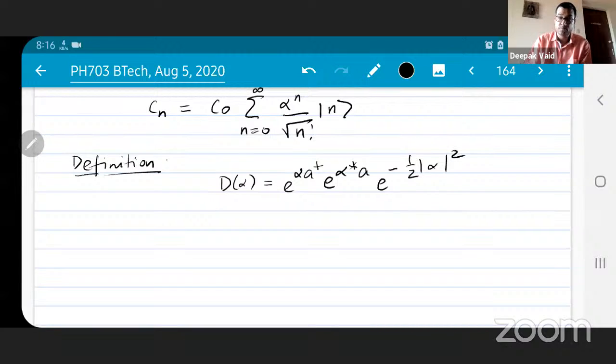And now, how exactly do you arrive at this definition? Well, I don't have a derivation as such. I guess that is why people like Glauber are famous, right? Because if everything had a clear path that would take you to that destination, then anybody could find it, right?